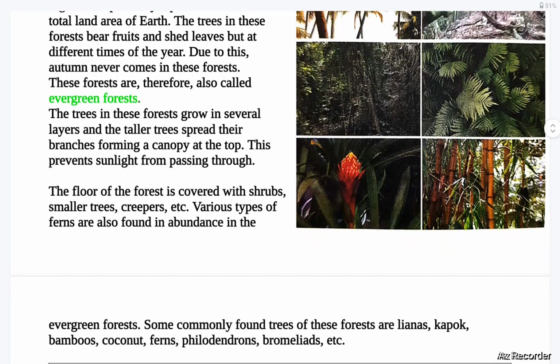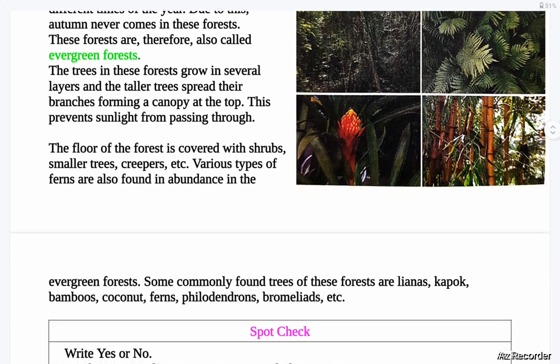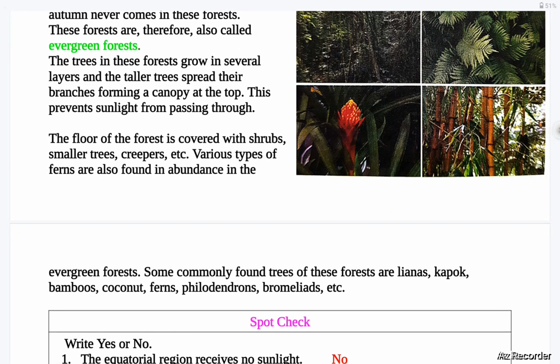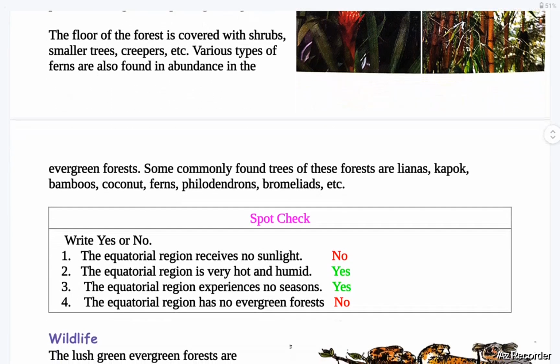The floor of the forest is covered with shrubs, smaller trees, creepers, etc. Various types of ferns are also found in abundance in the evergreen forests. Some commonly found trees of the forest are lianas, kapok, bamboos, coconut, ferns, philodendrons, bromeliads, etc.